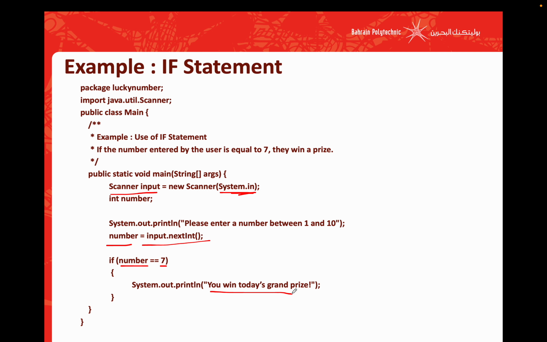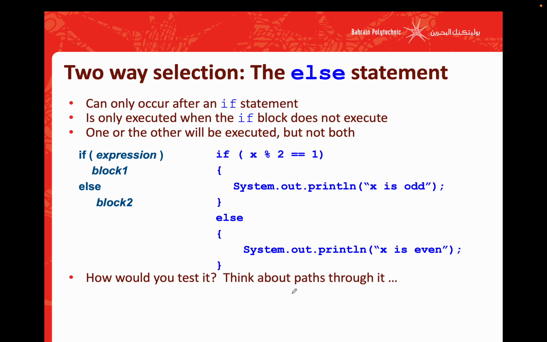Now, so far what you've looked at is one-way selection. Now you have something called two-way selection, which is the else part. This looks very similar to if. The only difference is the word is else, and there are no brackets, no condition after that.